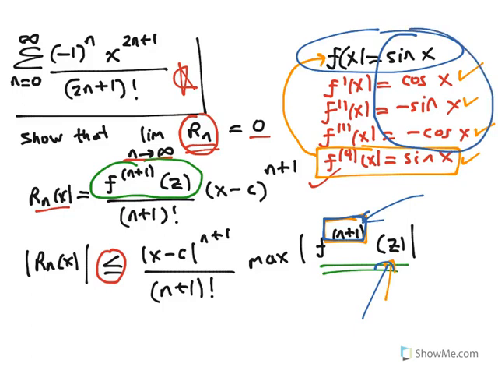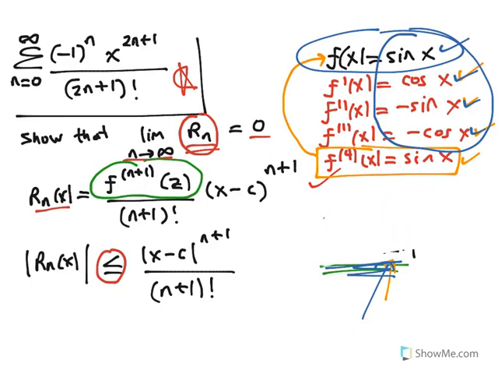And these four functions, evaluated at any input, can be no greater than 1, because 1 is the maximum output that is possible for any of these four functions. So that is allowing us to say that the biggest this could be for any derivative at any z is 1. So that really allows us to simplify our work by just recognizing that that is going to be 1. So now we have just this.